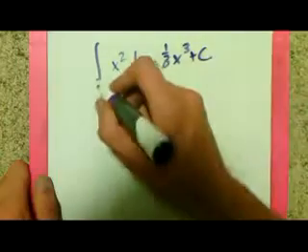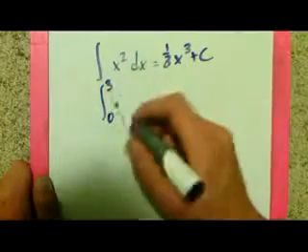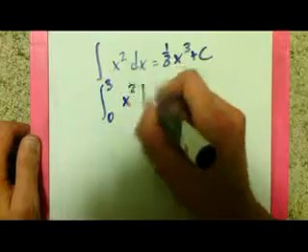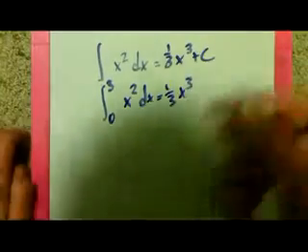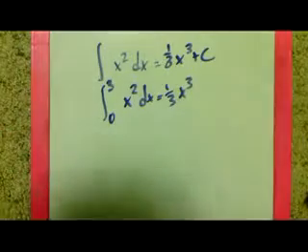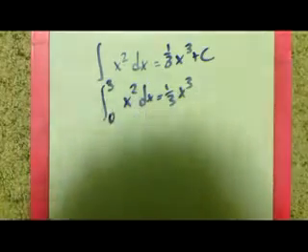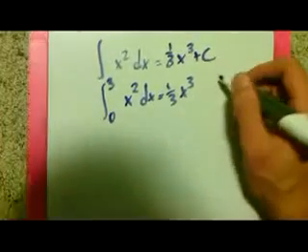However, if I said definite, then you'd have to take this, x squared dx, x to the third, and then you apply what is called the fundamental theorem of calculus. Now, this is a really, really handy little dealy whopper, and it goes as follows.